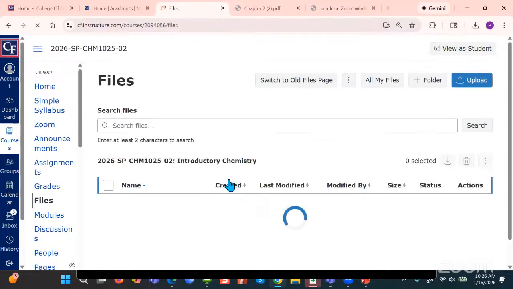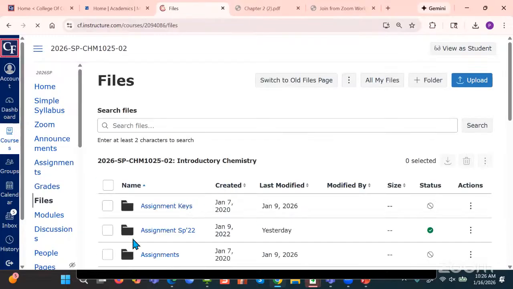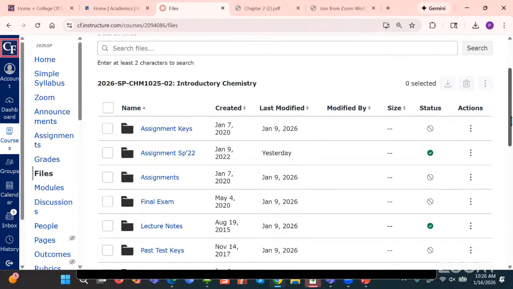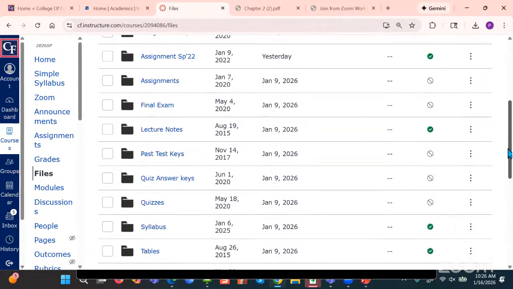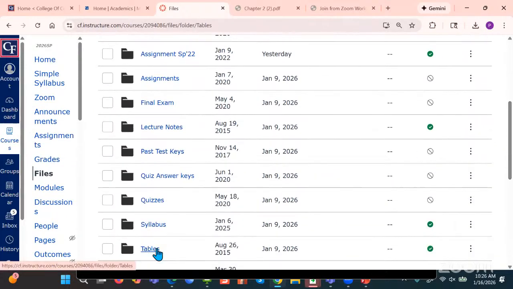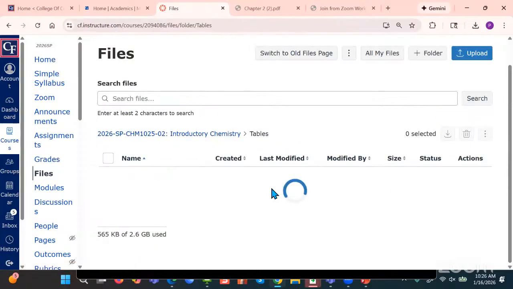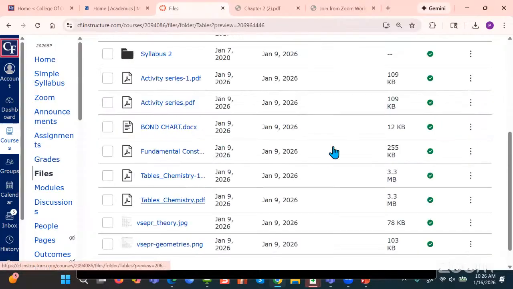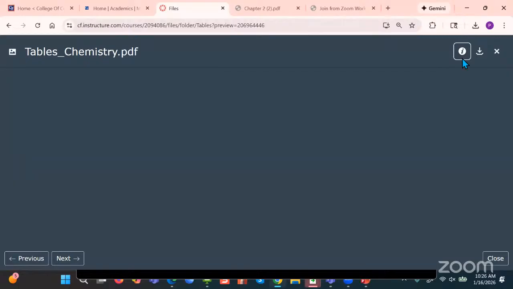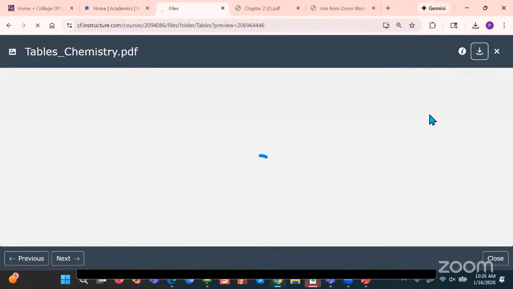And the table contains some of these conversion factors. So let me scroll down to the tables folder. And this is the document that you're gonna download and open up.